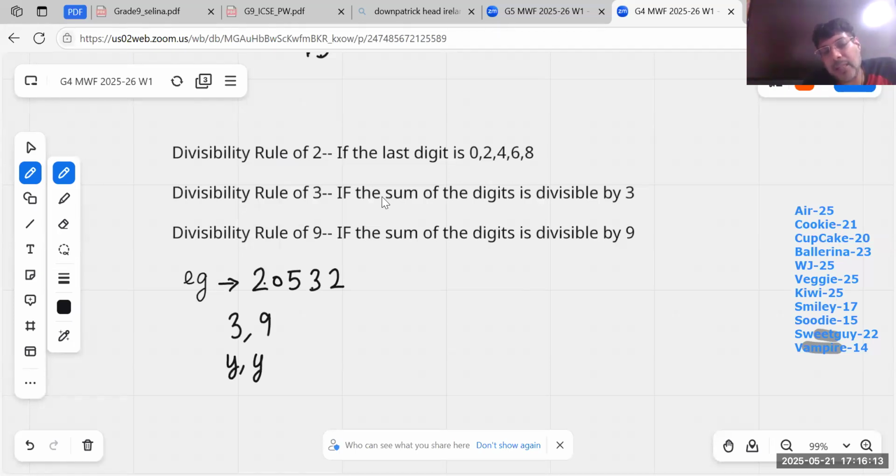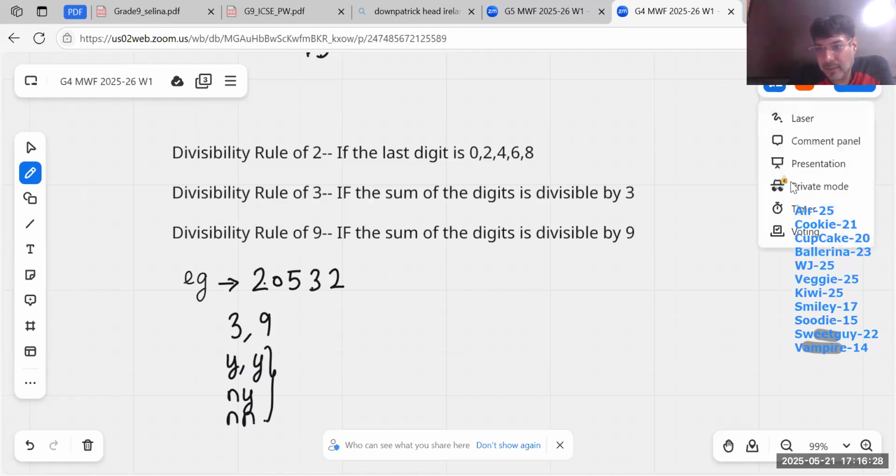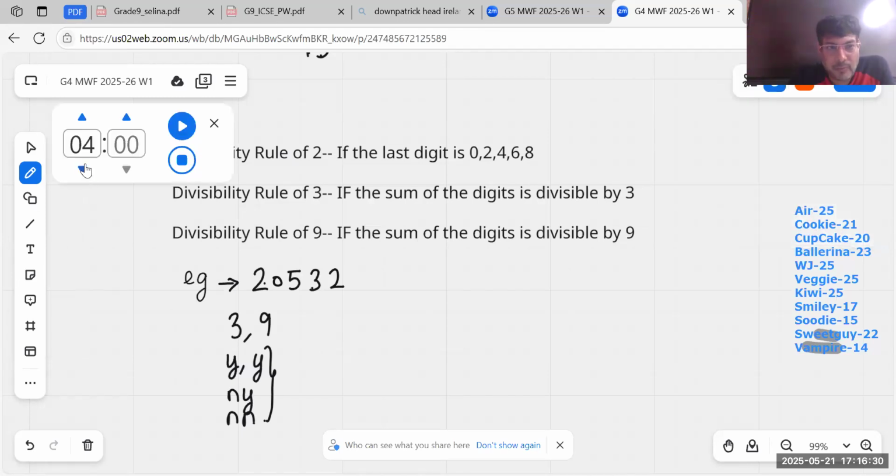If it is divisible by just 9 and not 3, तो you will get NY. किसी से divisible नहीं है तो NN. So you will send your answer like this in the chat. So how much time do we need? 1 minute.